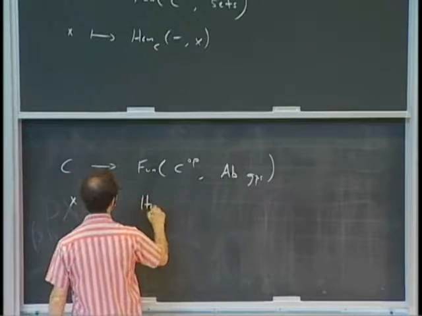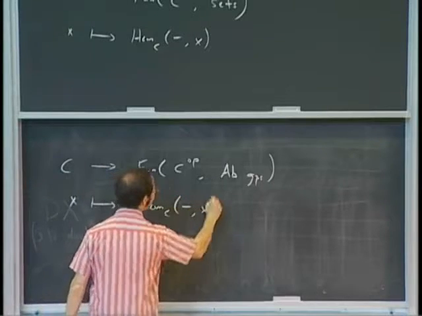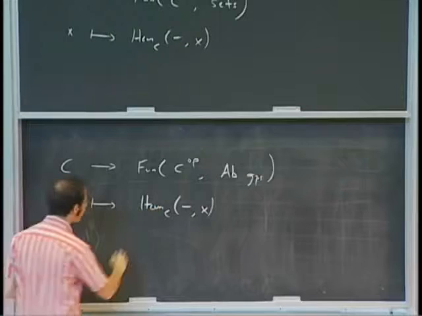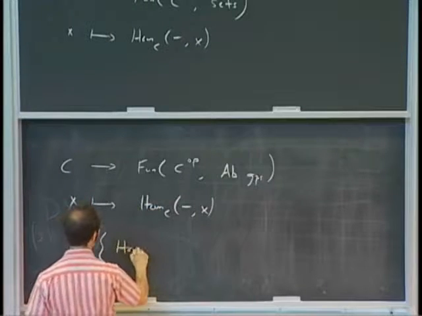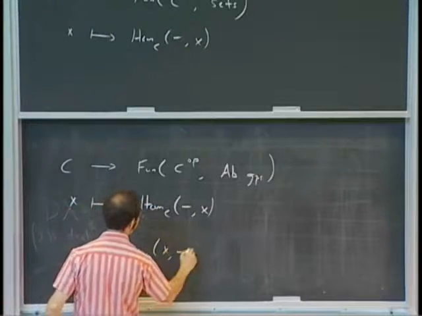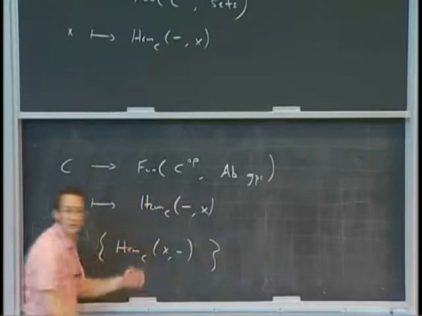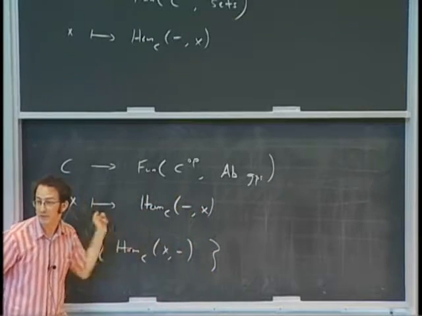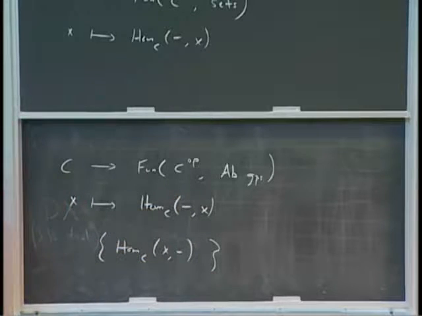X goes to Hom_C(blank, X). And in general, we're interested in both the representable functors, and we're also interested in what are called the co-representable functors, which are just maps in the other direction, right? This is a covariant embedding. This is a contravariant embedding. But both of these are interesting.